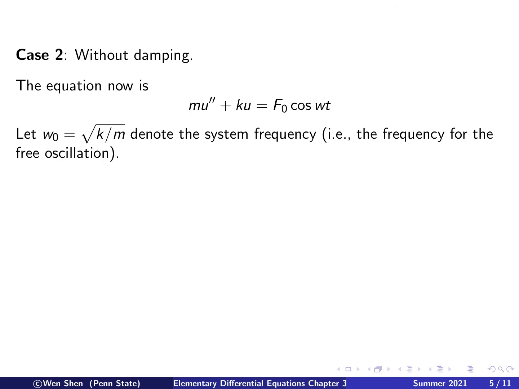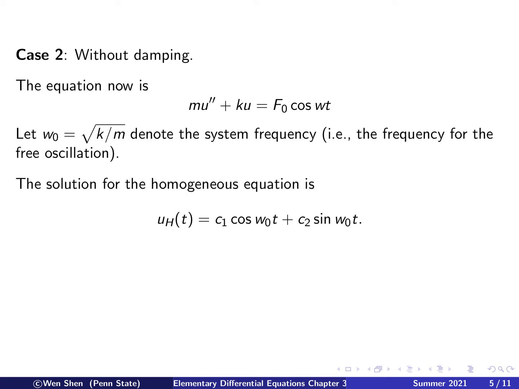Now we know the solution for the homogeneous equation is also a sine-cosine function, right? And the frequency of this, let's call it omega naught, is square root of k over m. This is the frequency the system would naturally have, so we call this the system frequency. And that is the frequency for the free oscillation without the force term here.